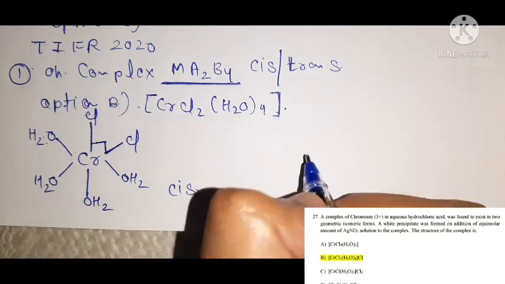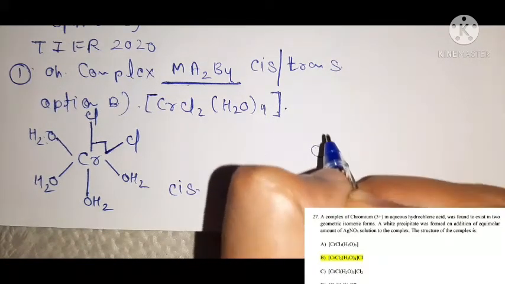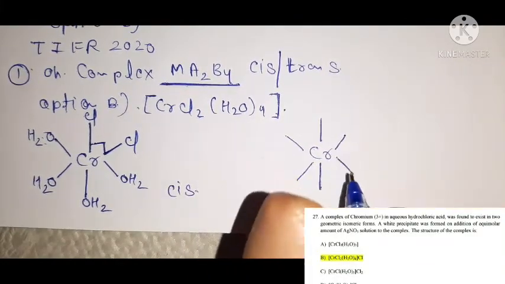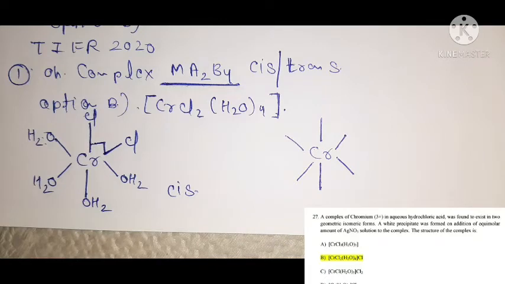Now we draw the trans form, and for the trans form I say that two identical ligands are present opposite to each other, or you can say that the bond angle between two identical ligands is 180 degrees.